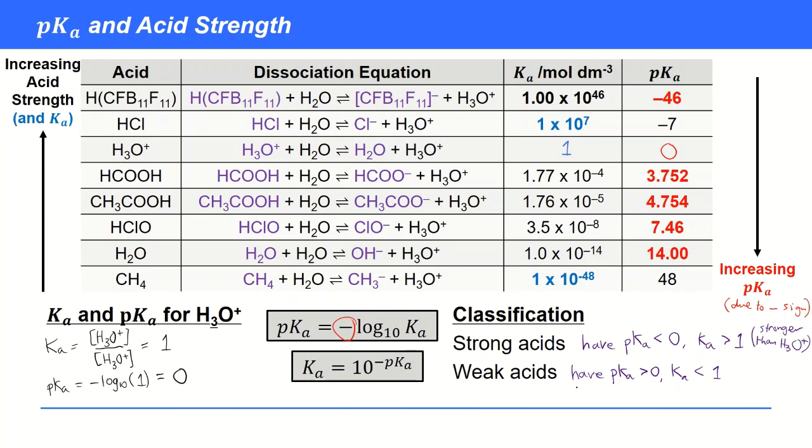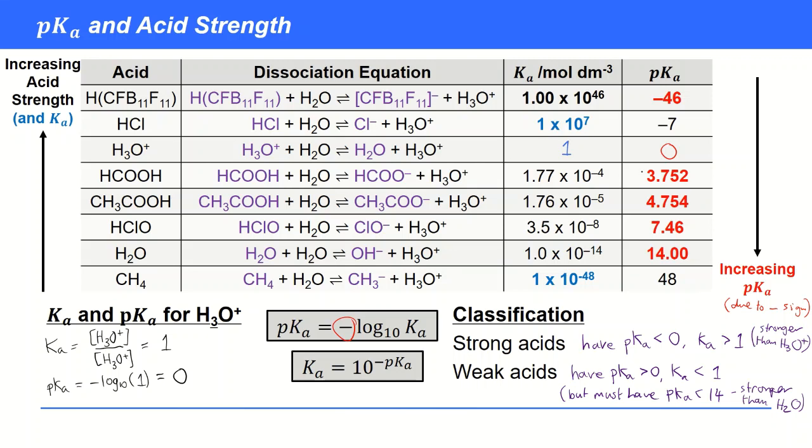And so weak acids really must have a pKa less than 14. So they're stronger than water. Anything else, something like methane, is just not really an acid.